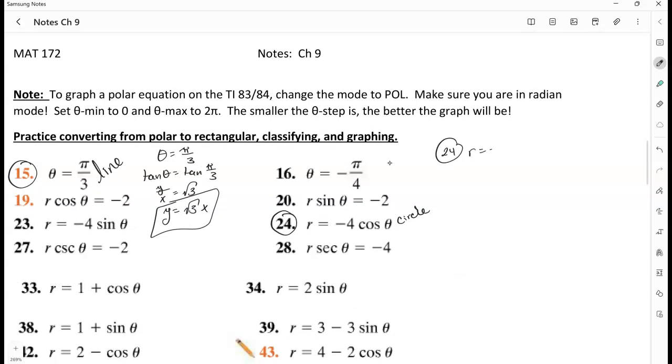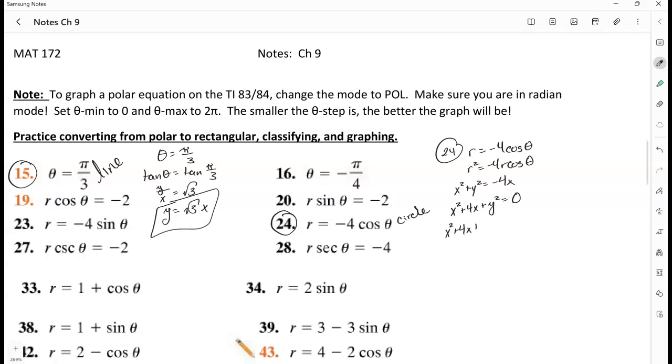We have r equals -4 cosine of theta. I'm going to multiply by r. Make our substitutions. I'm going to move the x terms to the same side. And then we're going to complete the square on the x's. So I'm going to take half the middle and square it.